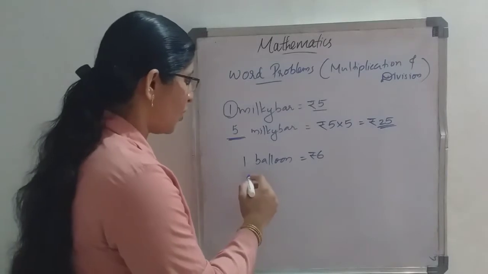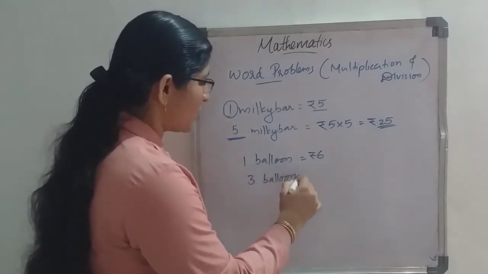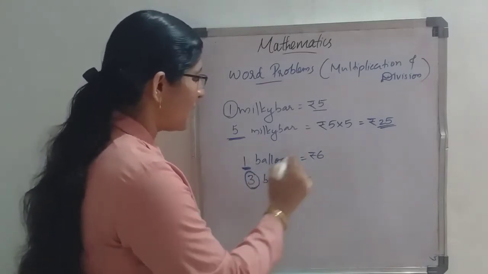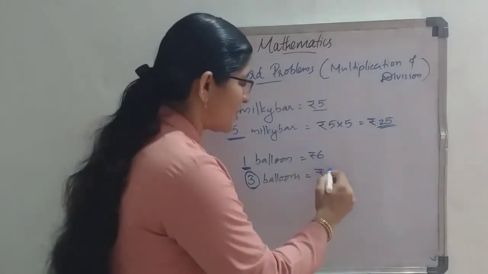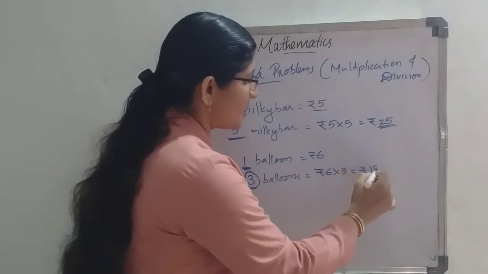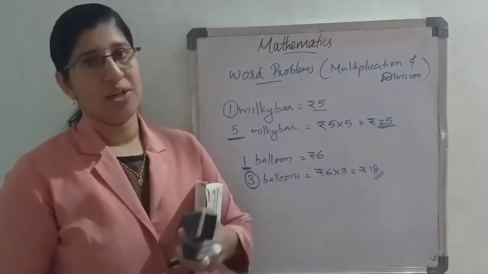What is the cost of 3 such balloons? 1 is given, you need to find out many things, so you need to do the multiplication. 6 3s are 18 rupees. The cost of 3 balloons is 18 rupees.